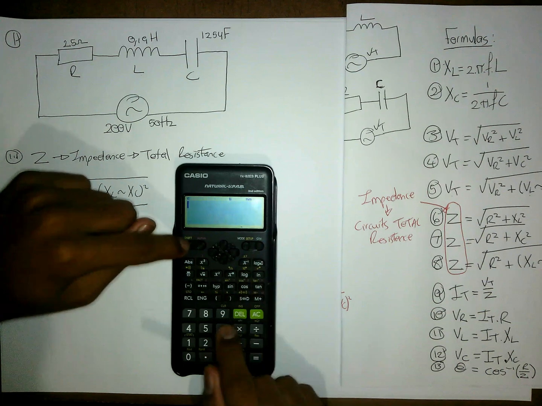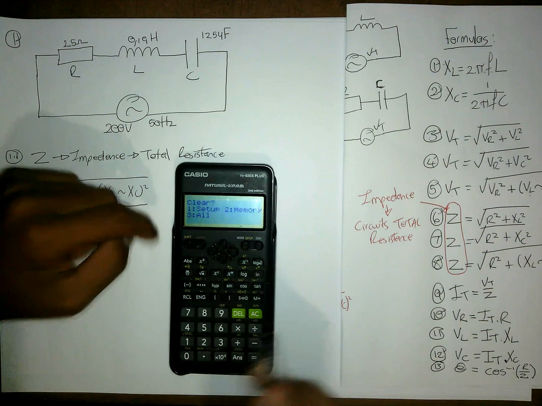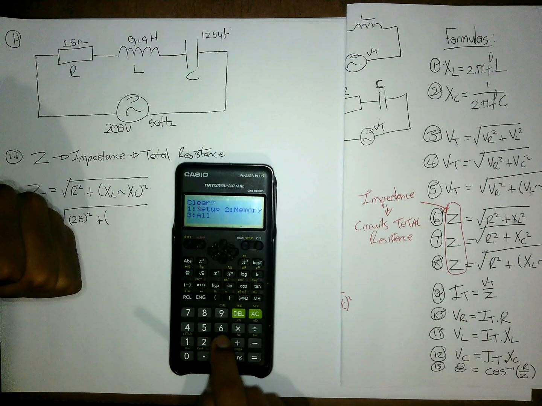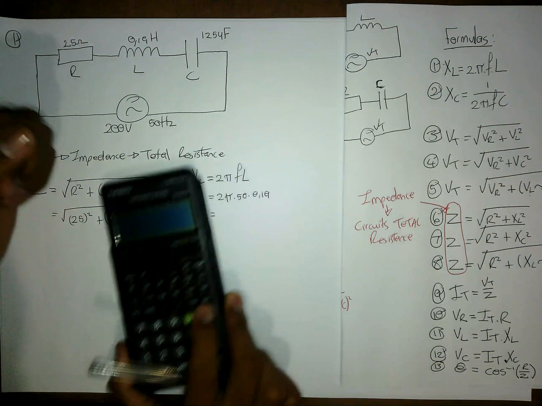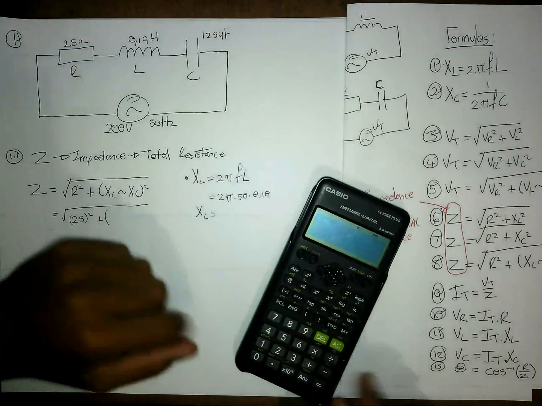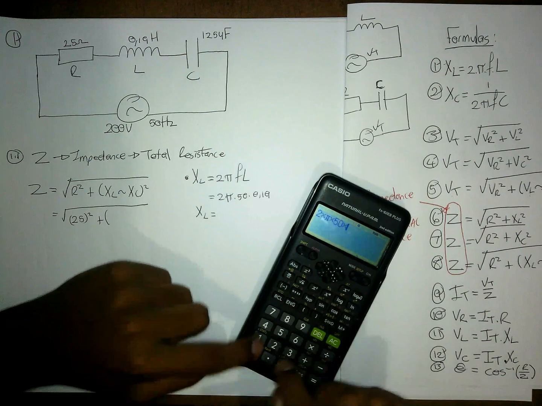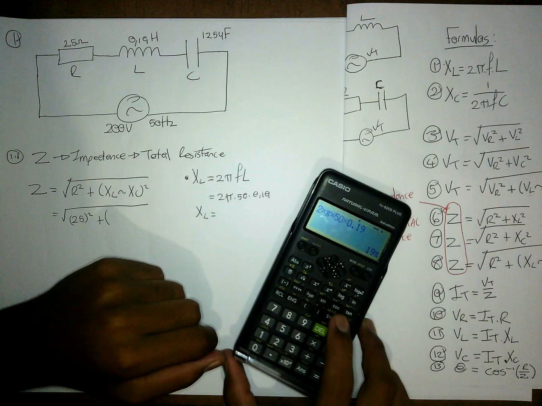Shift and 9 clears all the modes and puts it on default. Okay, now we can continue. 2 times pi times 50 times 0.19 equals, and you see I set it for the decimal.